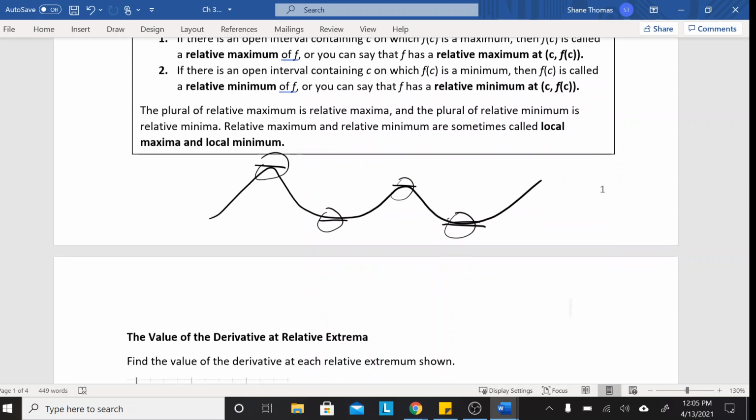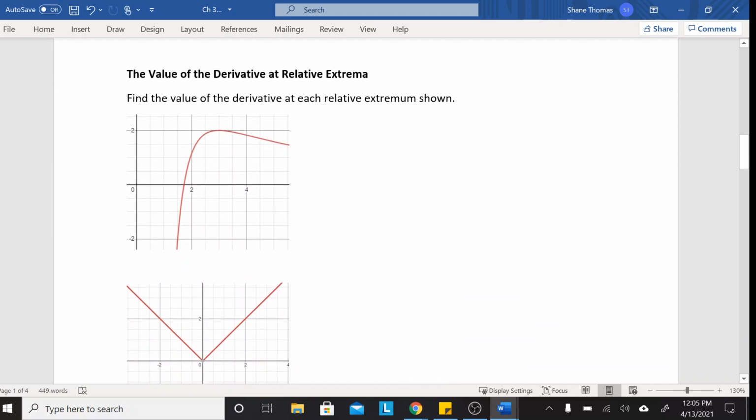All right, so let's just look at a couple. Find the value of the derivative at each relative extremum shown. I have three pictures there on the side. The very first one, I'm going to tell you that the max is at (3, 2).